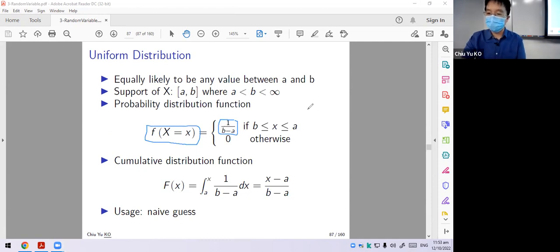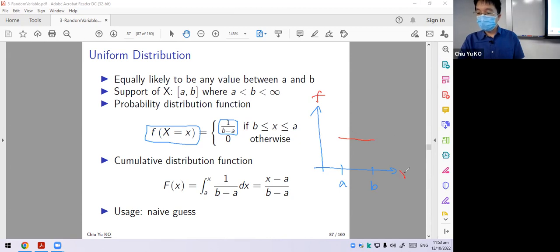Just to quickly remind you why this is the case: this is A and B here. The height is flat because the area under the curve represents the probability, so every point is the same. So it must be flat for the f.